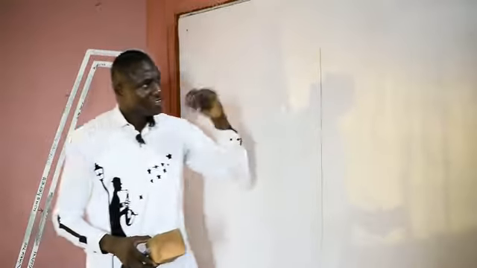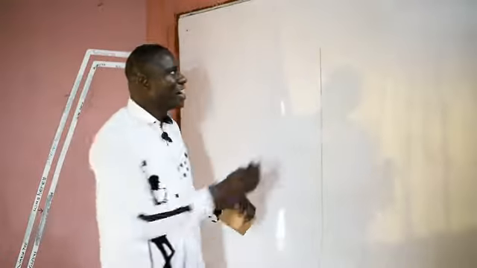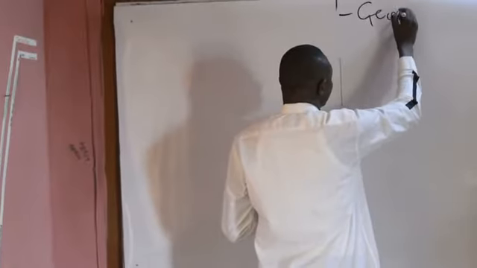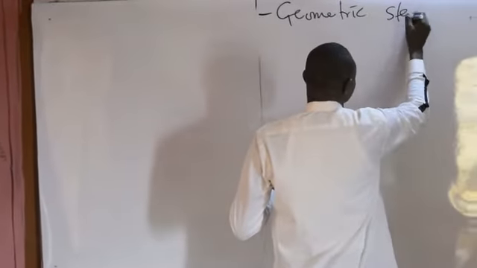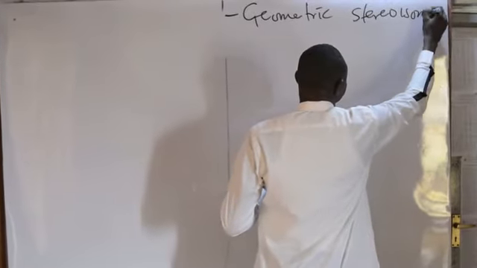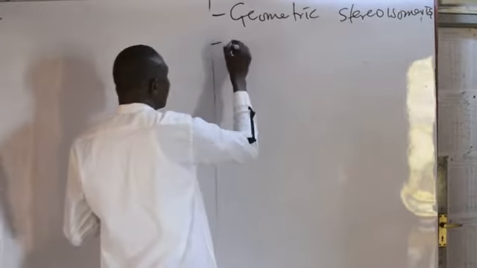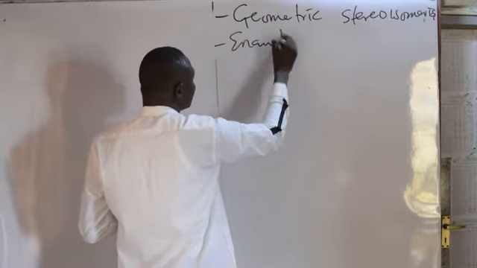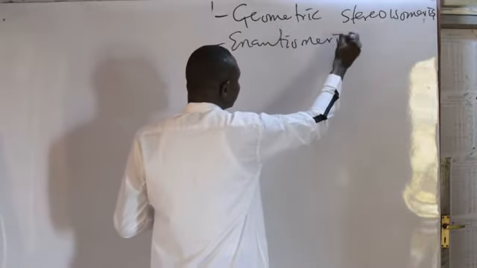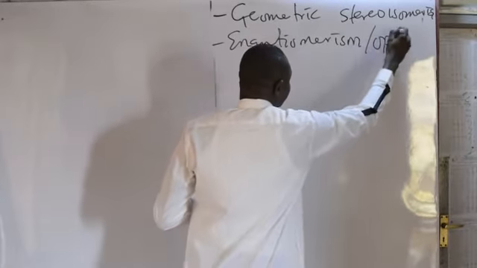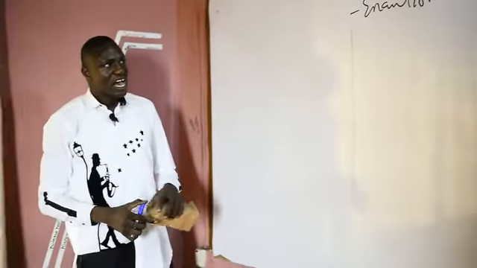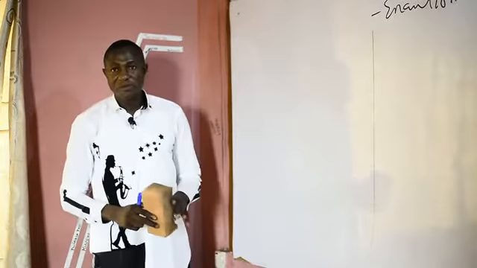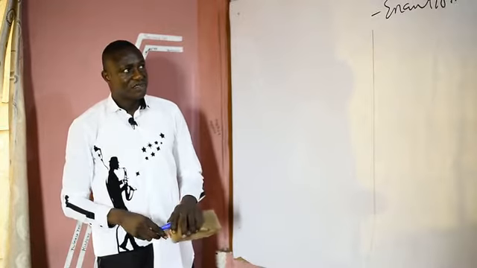These configurational isomers are also of two types. We have the geometric or geometrical stereoisomerism. Then we have the enantiomerism or optical isomerism. In this episode, our discussion will be fully based on geometrical isomerism.